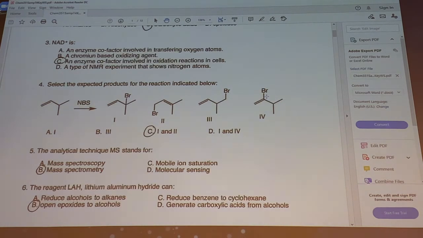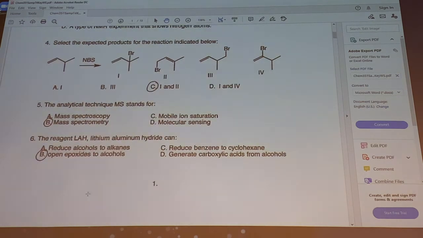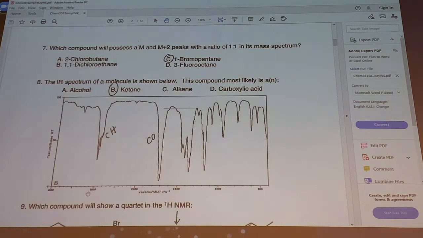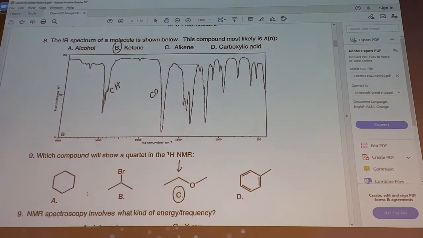That vinyl radical would not be resonance stabilized. It's these 2 right here. So 1 and 2, C is the answer there. Definitions here. Hydride, we just talked about lithium aluminum hydride opening up epoxides. Let's see. See some spectra already there. I think most of those are pretty straightforward.